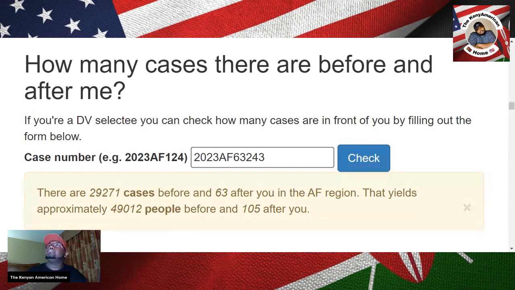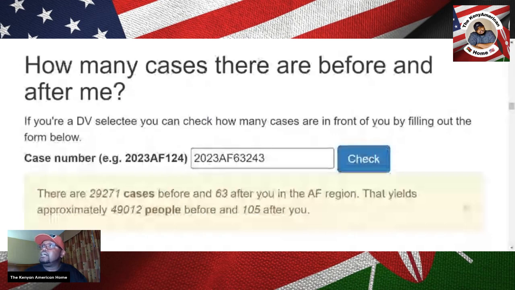I'm looking at the visa bulletin, going down to June. When they give you one month, like the May visa bulletin, they also give you the next month. So the next month, 63,500 is the visa cutoff.